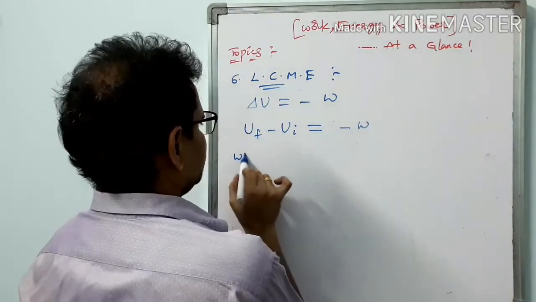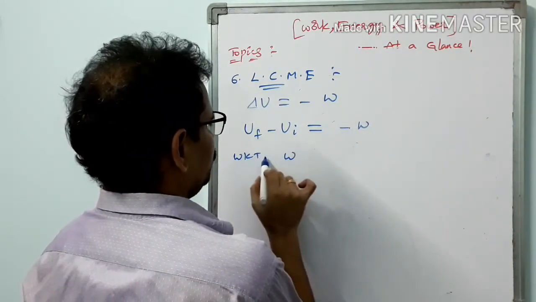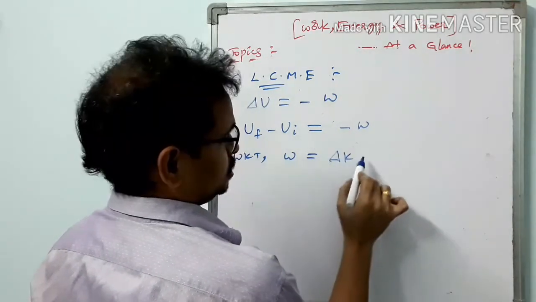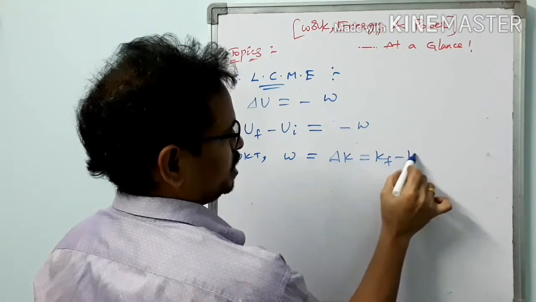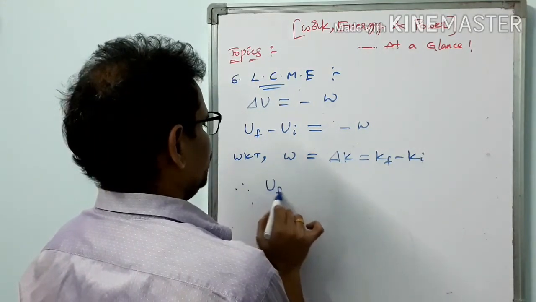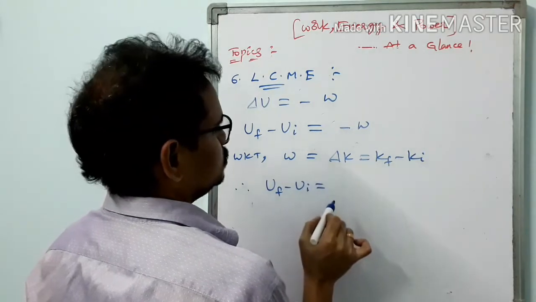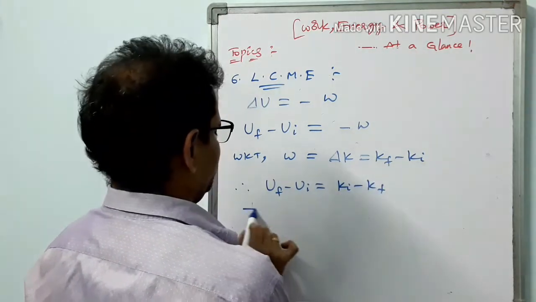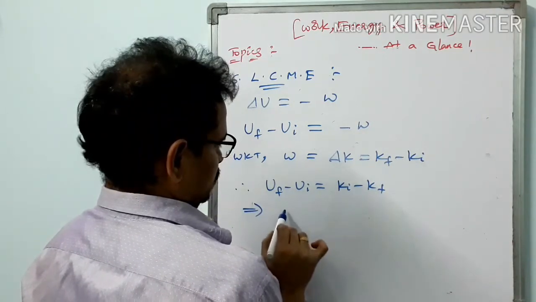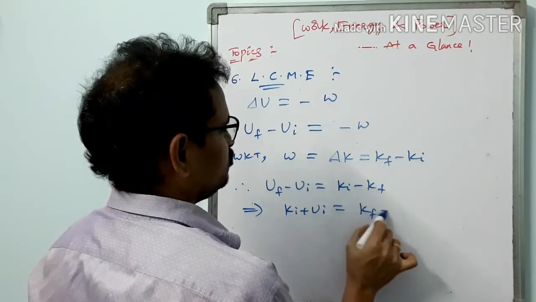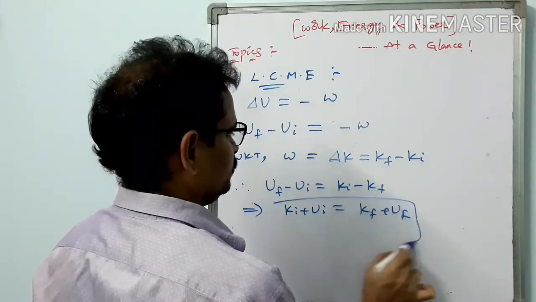And we know that work done W equals delta K, change in kinetic energy, that equals Kf minus Ki. Therefore, Uf minus Ui equals Ki minus Kf, that implies Ki plus Ui equals Kf plus Uf.